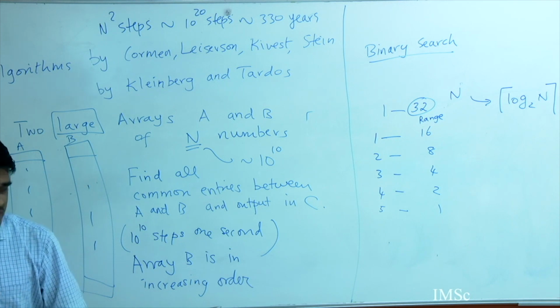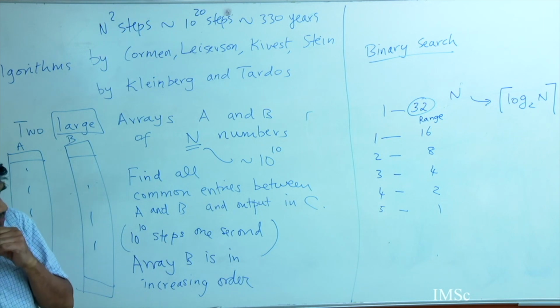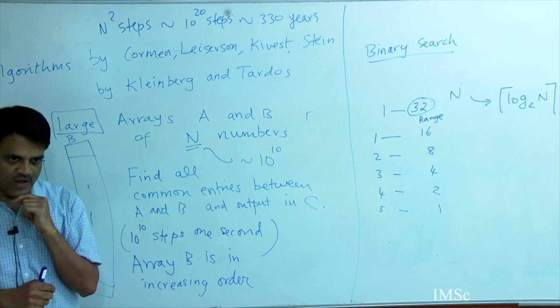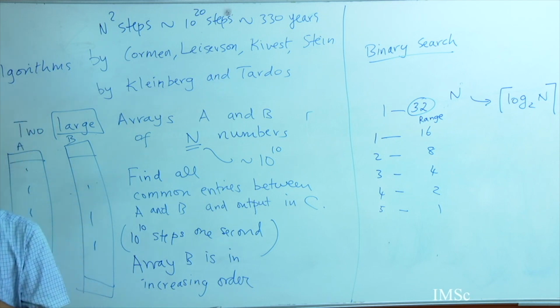And how do you even figure this out? Well, any ideas? Why log n? Because each step we divide into 2. As we are dividing the range, we are effectively reducing it by half.